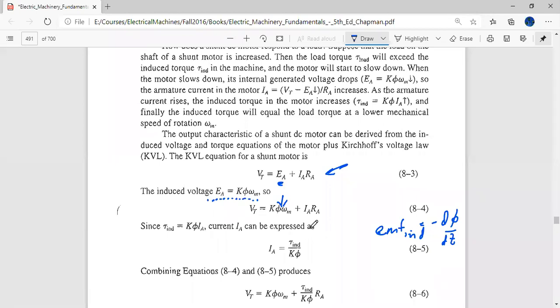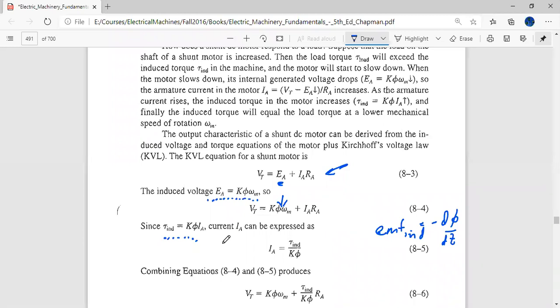Now I also note the second governing equation of the DC machines: the torque induced is a function of the flux and the current in the armature, because we already know that the force experienced by a conductor in a magnetic field is a function of the strength of the magnetic field and of the current in the conductor, and both contribute directly to the force on the conductor.